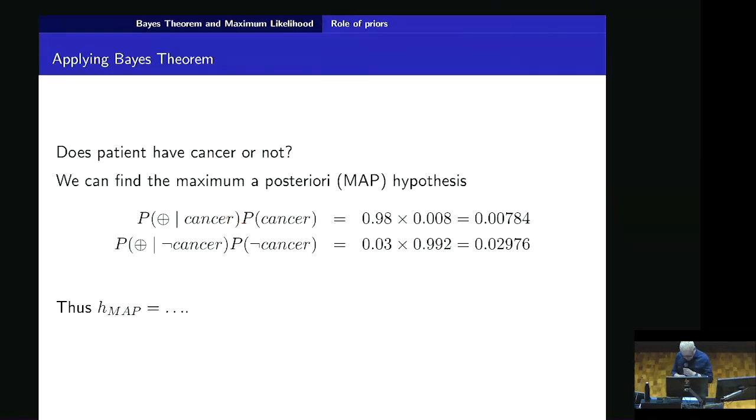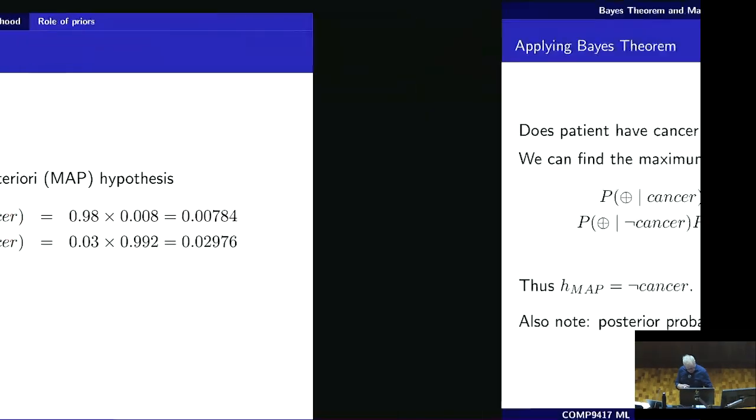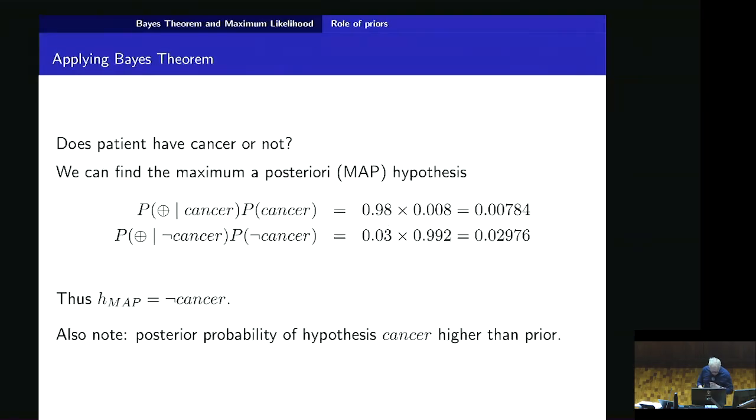But the effect of the priors is that we can obtain a result that is consistent with the prior probabilities, although we've actually changed the values. And the most probable hypothesis is still that the patient has cancer, despite some of these probabilities that might, on a naive approach, leave you astray.